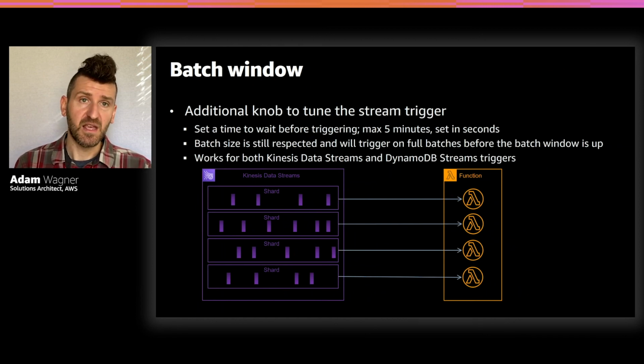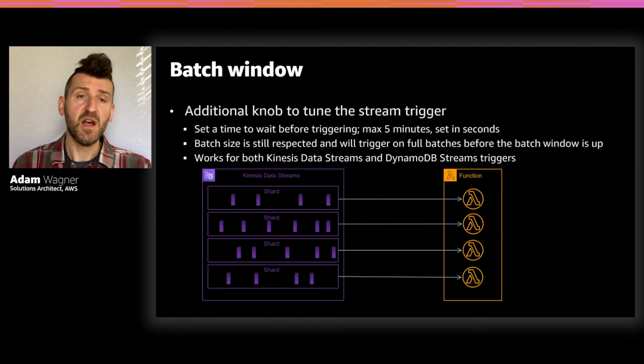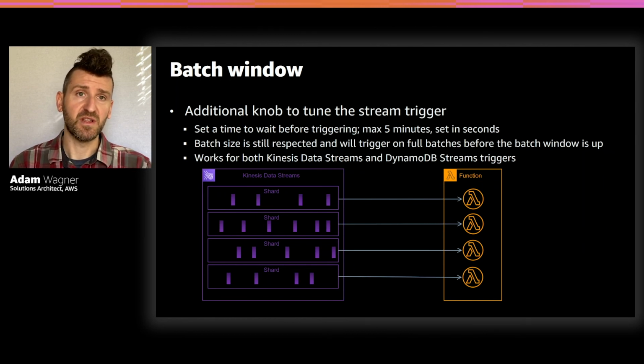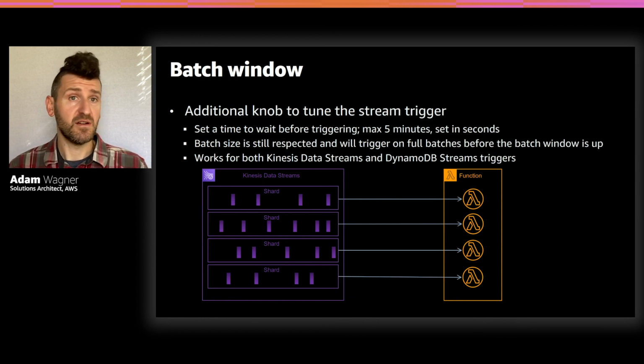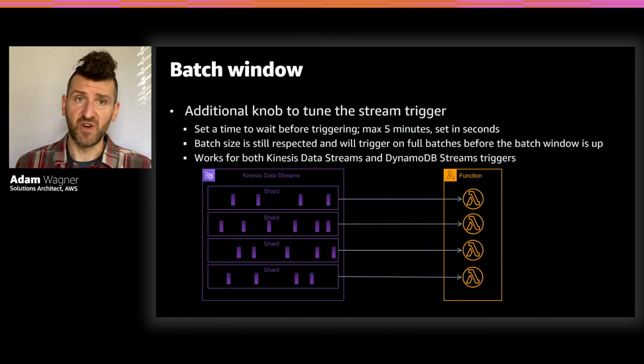You set it in seconds. And basically, it will wait up to that window to collect more records before sending them on to your Lambda function. The cool thing about this is that it still respects batch size first. So if on my stream configuration, my consumer configuration with Lambda, I had set a batch size of 100 and the stream is really busy, it's going to just keep sending me batches of 100 records.